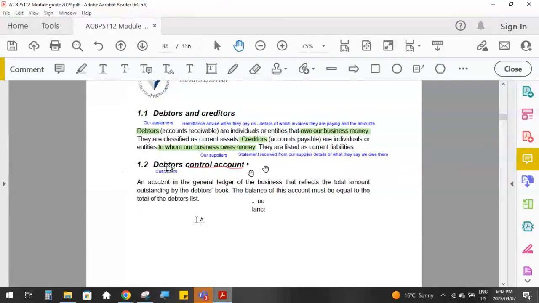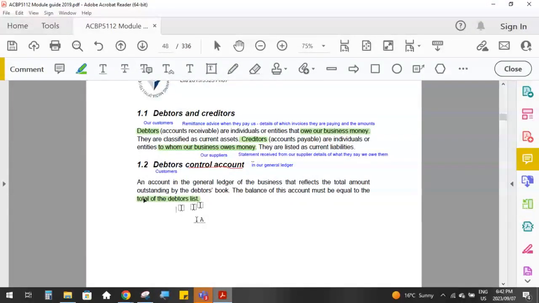And this debtor's control account, which is an account in our general ledger, the total in that account has to exactly equal the total of our debtors list. And our debtors list is similar to a trial balance.